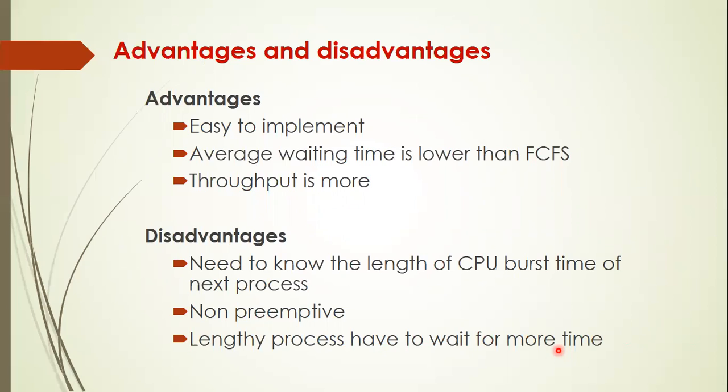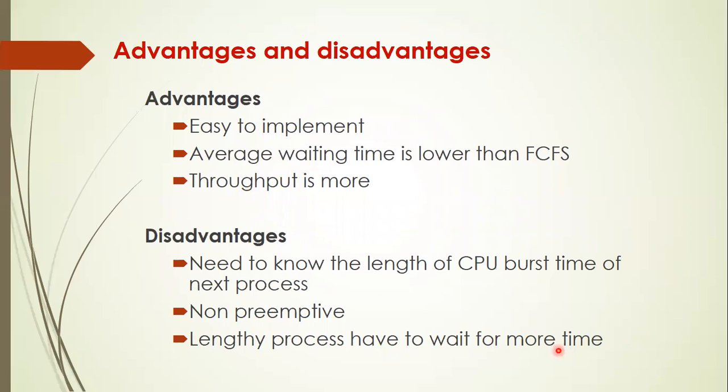But SJF suffers from three major drawbacks. It is also non-preemptive in nature. No need to explain again what is non-preemptive. And here lengthy processes have to wait for more time because short processes will get the CPU first. The other one is that each time during allocation of the process, the entire ready queue has to be searched to identify the process which has the lowest CPU burst time, and allocate the CPU to that one.